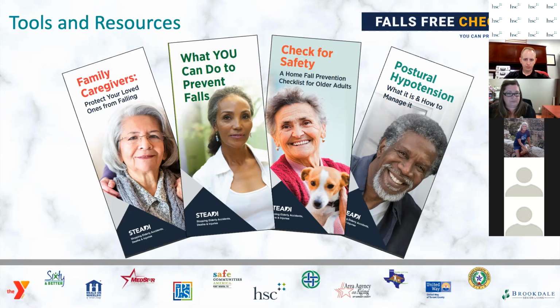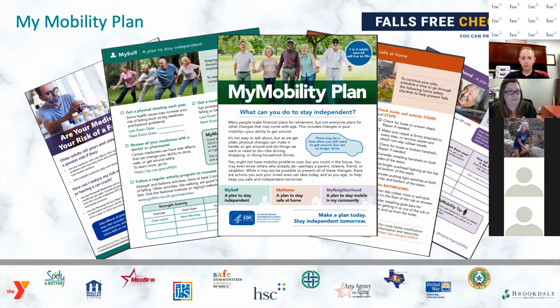Next slide. The My Mobility Plan is something that is available on the CDC website. If you go to mymobility.com, it will pull that up, and it asks questions, and it'll develop this plan for you that will help you determine the 3 key areas. And then they also have a sheet about medication as well.